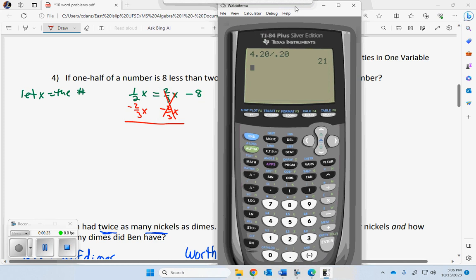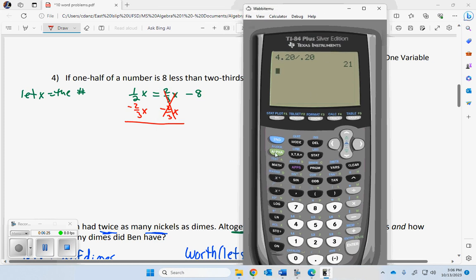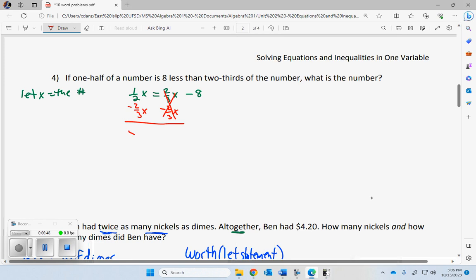Let me just remind you that the fraction button is when you hit alpha, y equals, and enter. So if I do 1/2 minus, and then I do alpha, y equals, enter, that would be minus 2/3. The answer is negative 1/6. So negative 1/6 x equals negative 8.